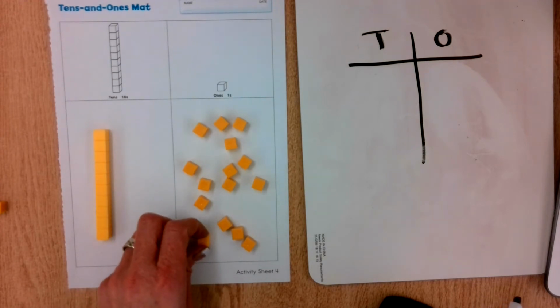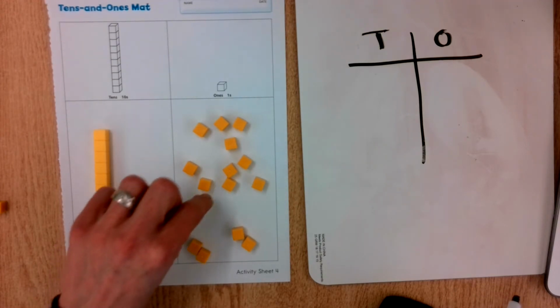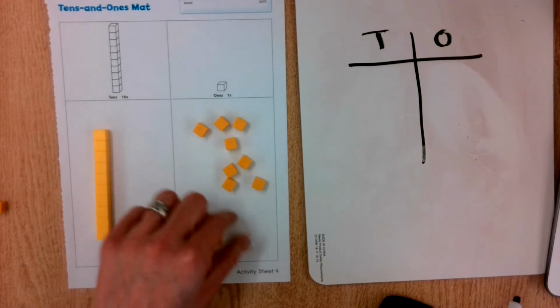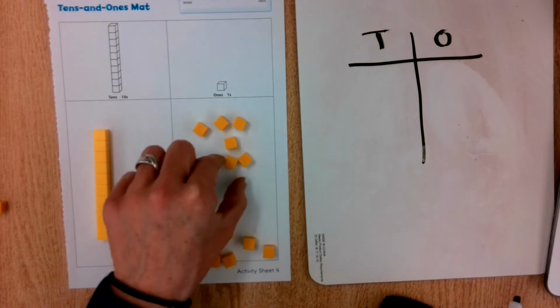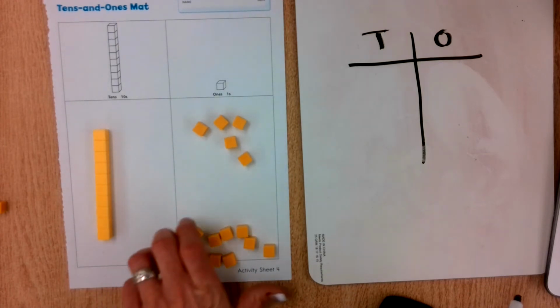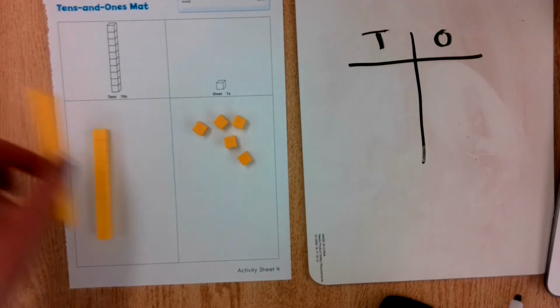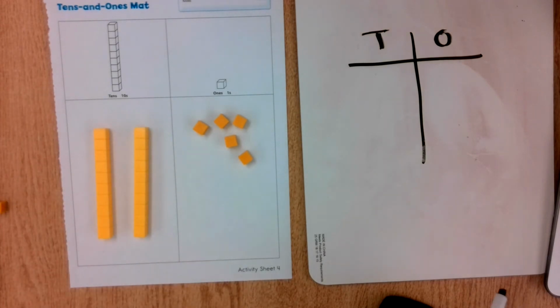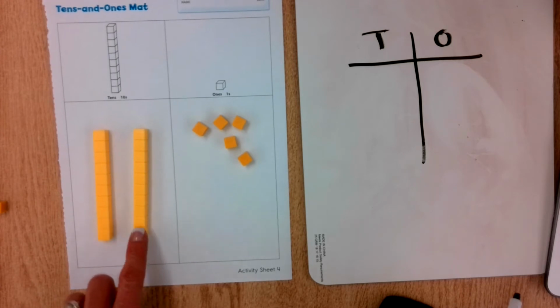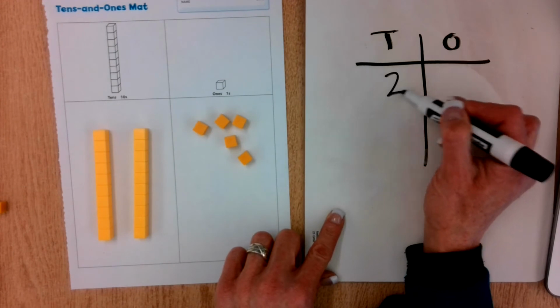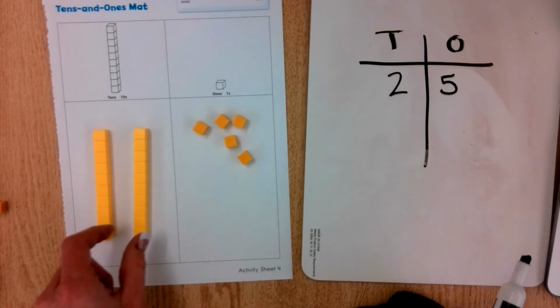So let's see if we can get 10 cubes. 1, 2, 3, 4, 5, 6, 7, 8, 9, 10. Okay, so this is 10. I'm going to take these 10 away, and I'm going to exchange it for a long. So now my number is 10, 20, 21, 22, 23, 24, 25. So 25. Now, let me backtrack again.